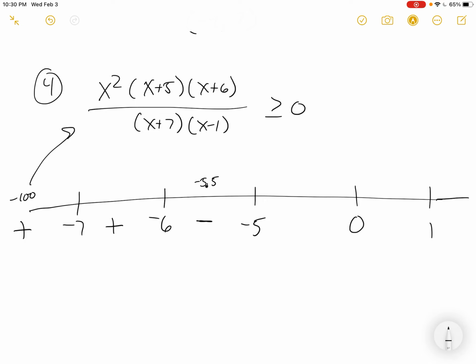Again, you don't care about signs. So -5.5 squared, anything squared is positive. -5.5 plus 5, negative. -5.5 plus 6, positive. -5.5 plus 7, positive. -5.5 minus 1, negative. And 2 negatives make a positive.